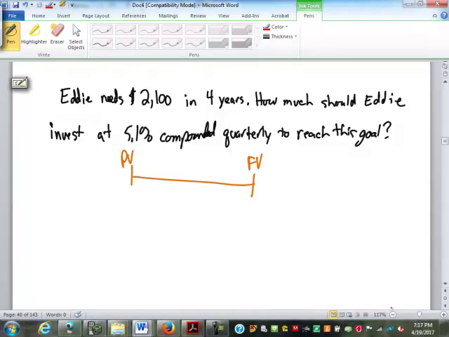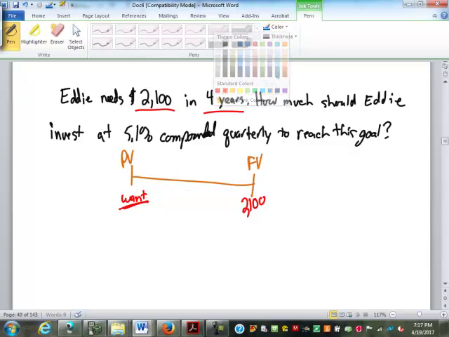So we have the 2,100. Present value or future value? That is in the future. Eddie needs $2,100 in 4 years. So that's going to be at the end of the 4 years. So we want to know how much we need now. So we are calculating a present value.